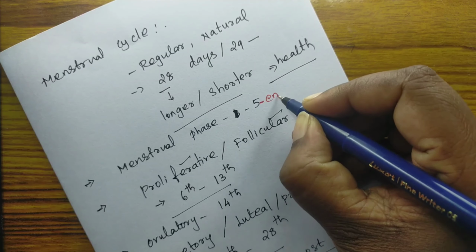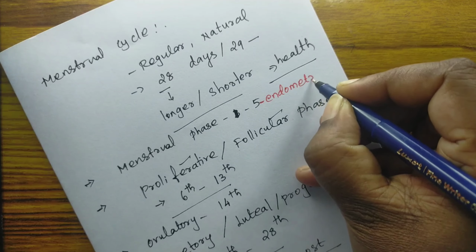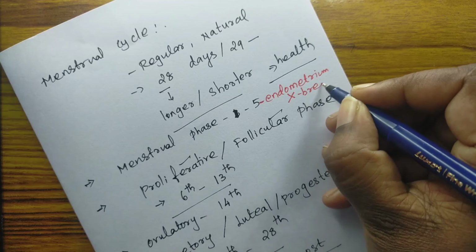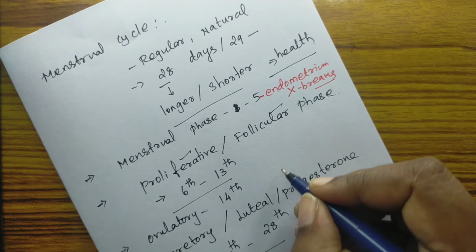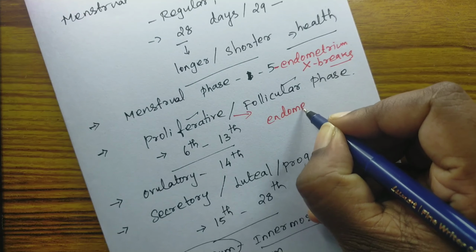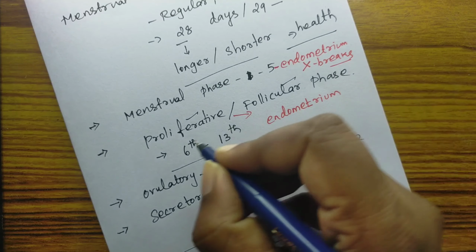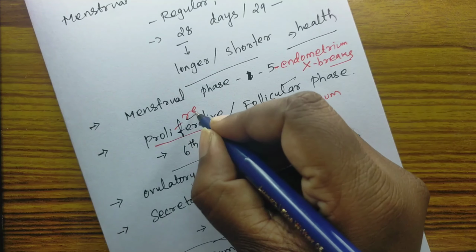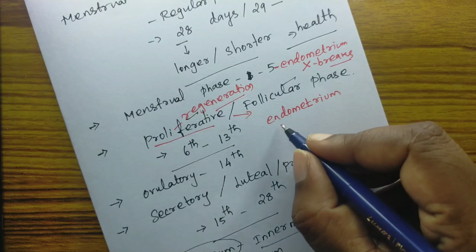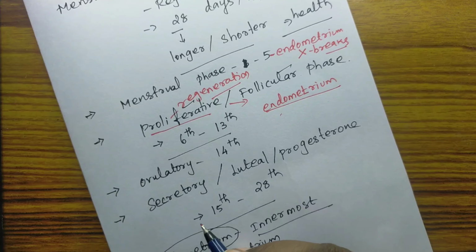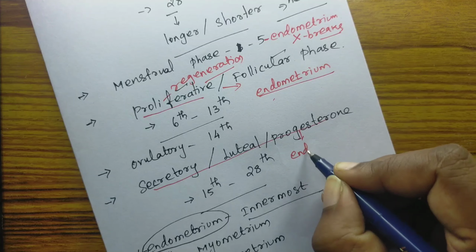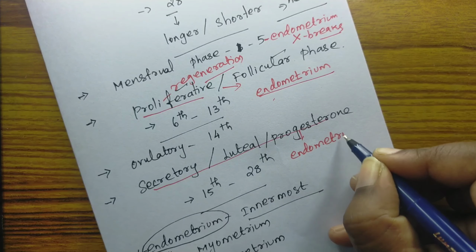The endometrium breaks down during the menstrual phase due to hormonal changes. During the proliferative phase, the endometrium grows. That is why the phase is also named proliferation, where you can find the regeneration of the endometrium. In the last phase, the endometrium is ready for the implantation of the young one.